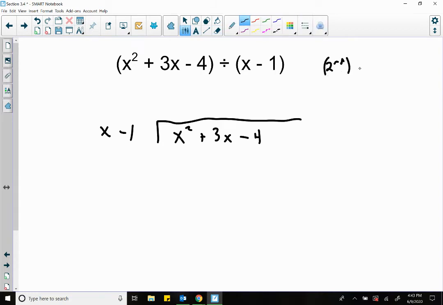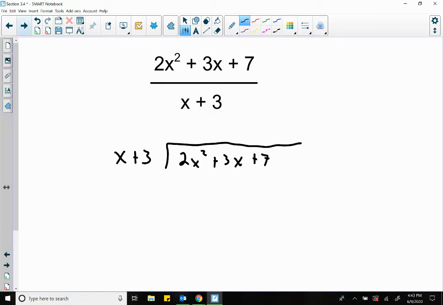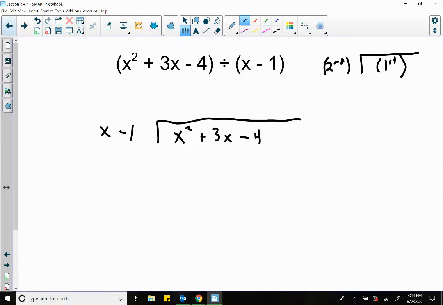Second parenthesis, division, first parenthesis. In here, numerator, denominator. Okay? All right. So now, let's do some division.